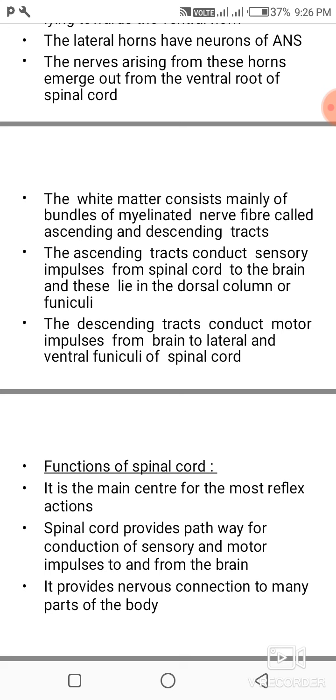Spinal cord provides pathway for conduction of sensory and motor impulses to and from the brain. It provides nervous connection to many parts of the body. Main function: controls spinal reflexes, and pathway for the conduction of impulses between the lower part of the body and the higher regions of the brain.